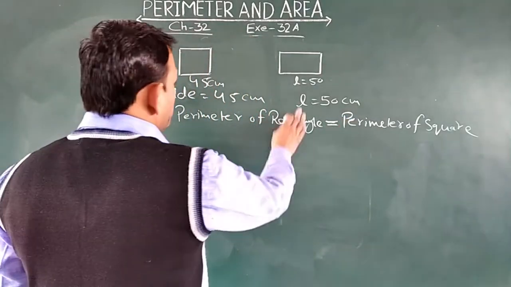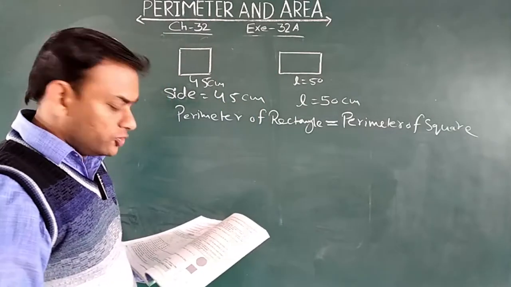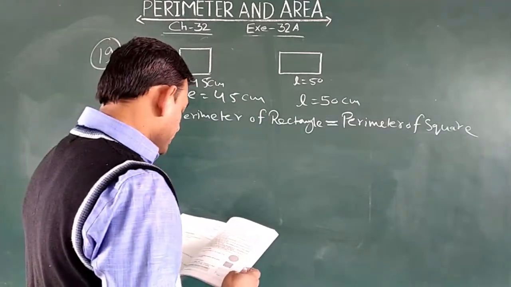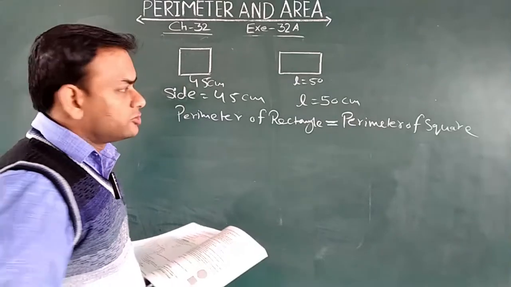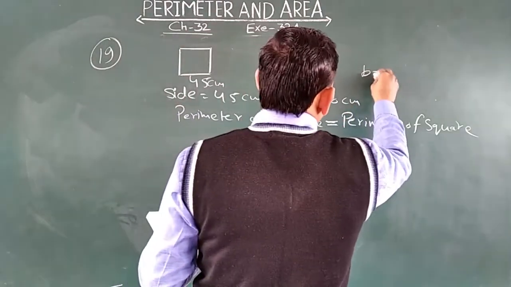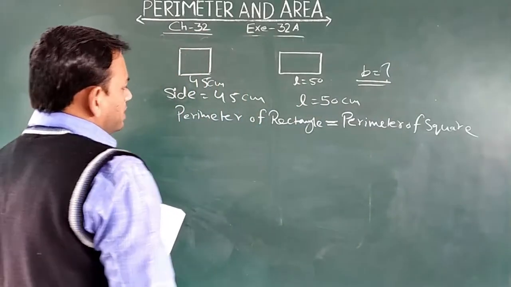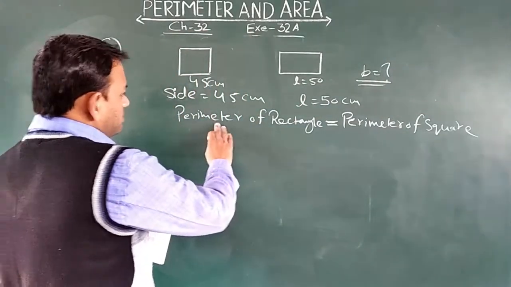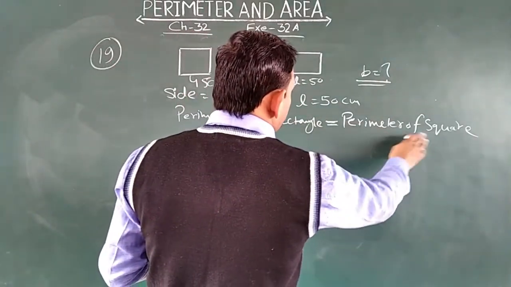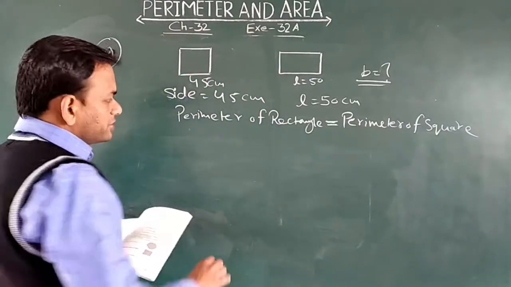The perimeter of both the figures is equal. So you have to find the breadth of the rectangle. So how do you find it? The question is saying the perimeter of the rectangle is equal to the perimeter of the square.